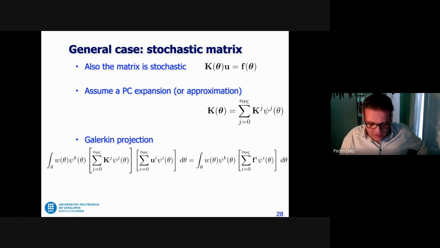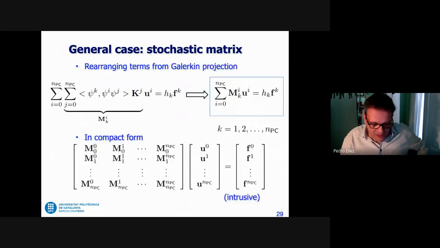And then this time things are not as easy as before, because in the left-hand side you get this type of expression with a double sum, and what goes inside this double sum is a matrix M, which is a linear combination of all the matrices that represent the polynomial Gauss expansion of the stiffness matrix K. And these new matrices are all coupled together in a large linear system of equations that you can write as it is written here.